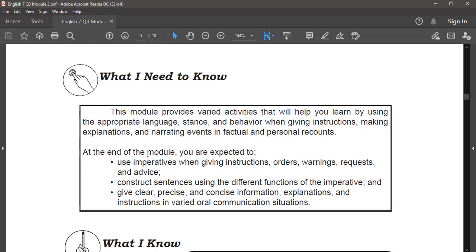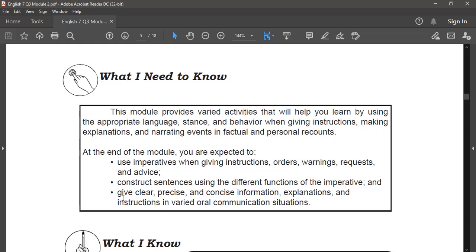So use imperatives when giving instructions, orders, warnings, requests, and advice. They are the functions of imperative sentence. Later, we will be discussing them thoroughly, and I will give you examples in each function. Next, you will learn to construct sentences using the different functions of the imperative.